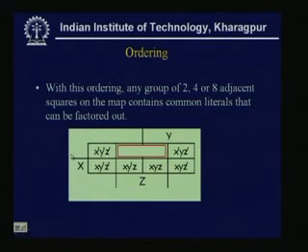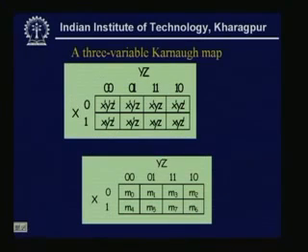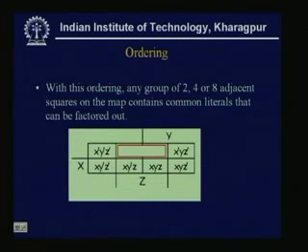Now, with this ordering, we have seen that there is some ordering in the map. Any group of 2, 4 or 8 adjacent squares on the map contains common literals that can be factored out.